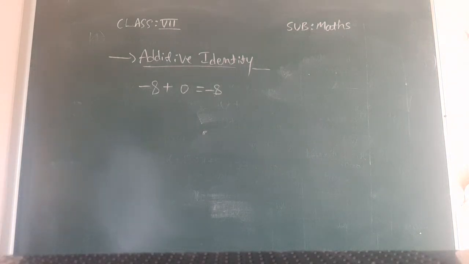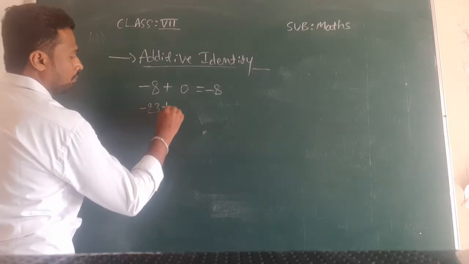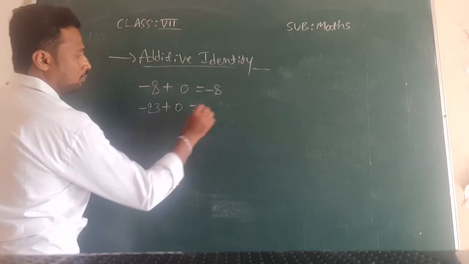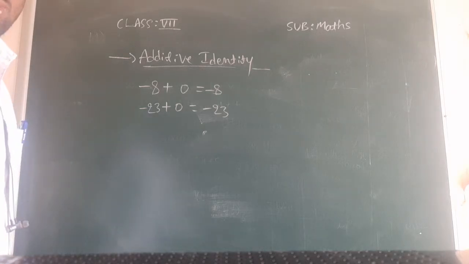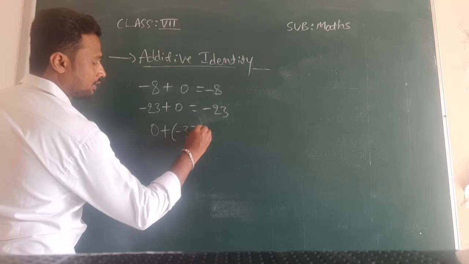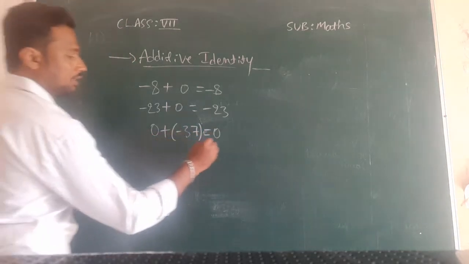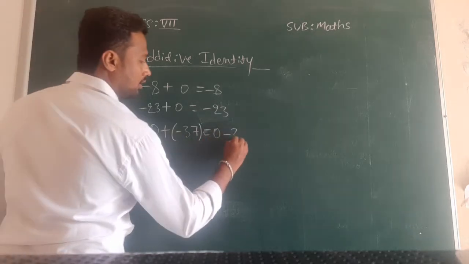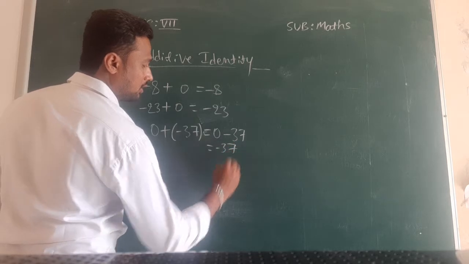Next, minus 23 plus 0 equals minus 23 only. Next, 0 plus (minus 37). Here I will write 0, plus into minus, minus 37. So 0 minus 37 means minus 37.